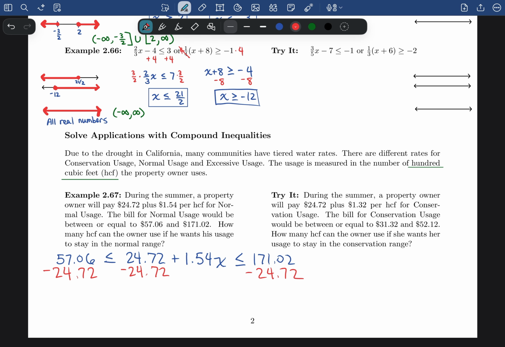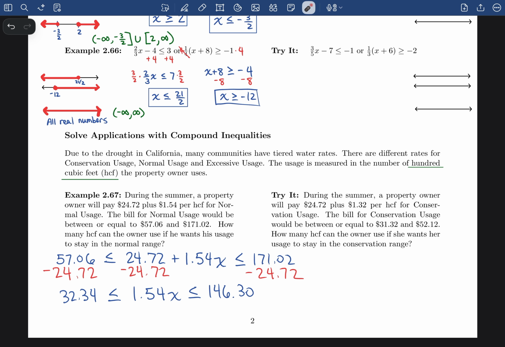That result is $32.34 is less than or equal to $1.54 times x, which is less than or equal to $146.30.